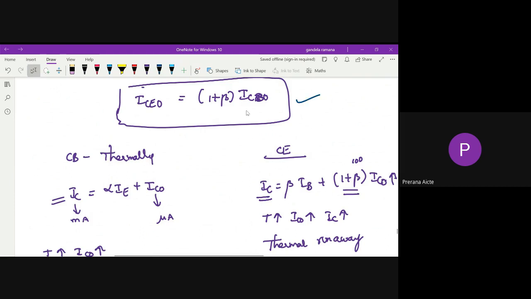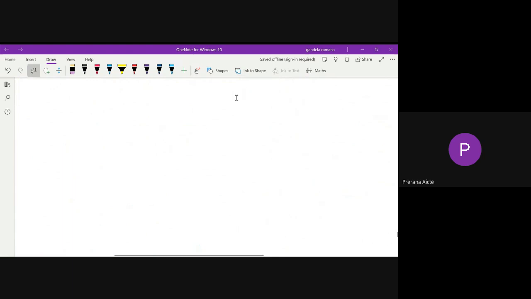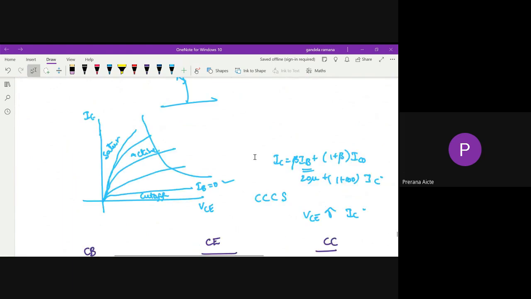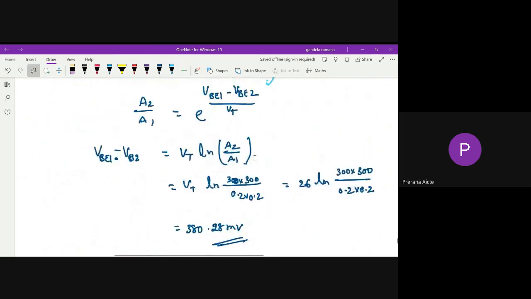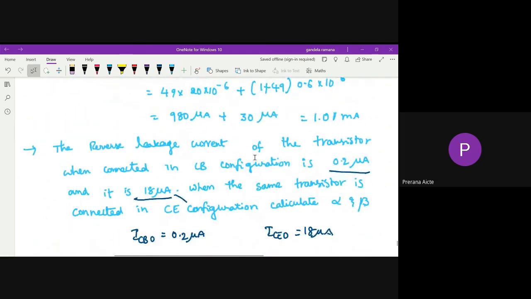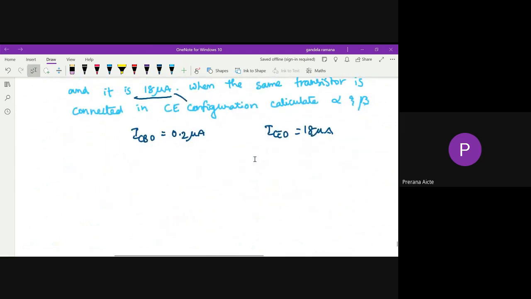So you have to apply that relation here.